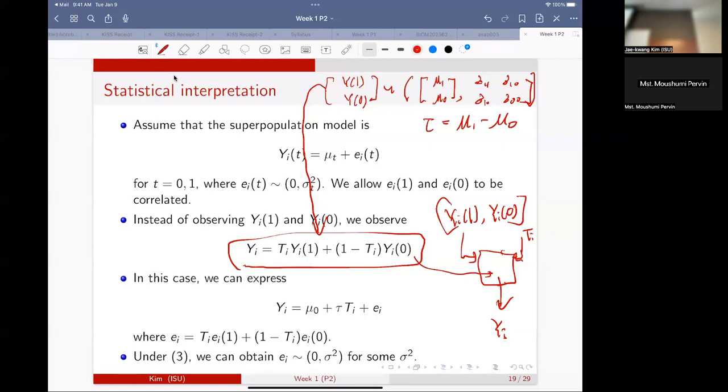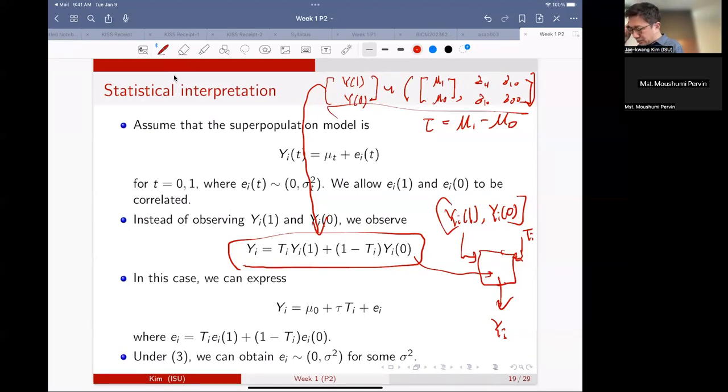But you know the mechanism for y and t. The mechanism for yi is this model. The mechanism for ti is completely random, 1 or 0 with probability p and 1 minus p, right? So then you can derive the model for yi. That is basically the idea.